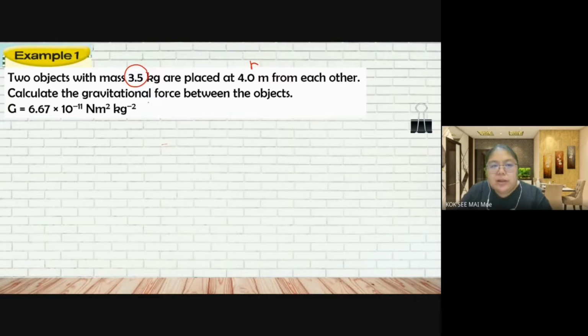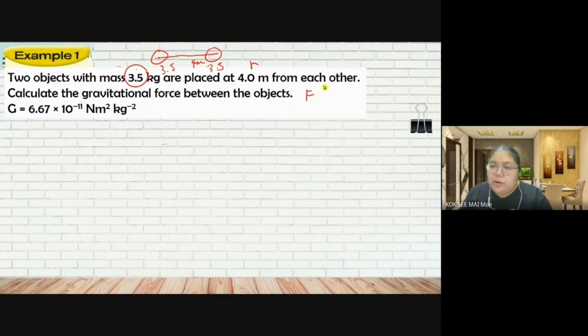Calculate the gravitational force between the objects. The two objects have the same mass, so this one is 3.5 and the other is also 3.5, and the distance center to center is 4 meters. So they ask you, what is the gravitational force?